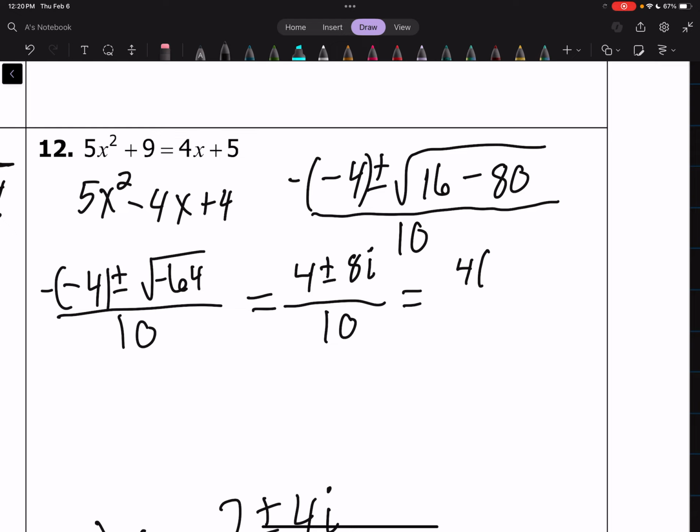Sorry about that. I'm going to pull out that 4 though. I'm going to be left with the 2 plus or minus 8i over 10. Simplifying 4 over 10, I'm going to get 2 over 5.